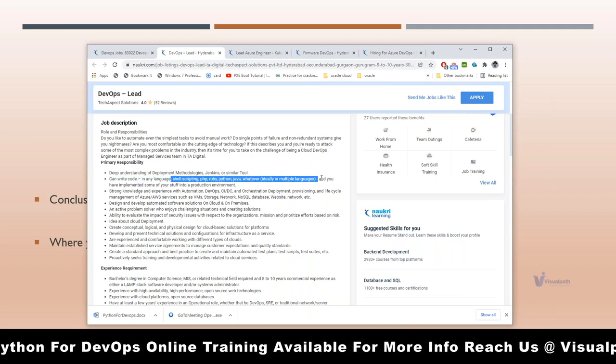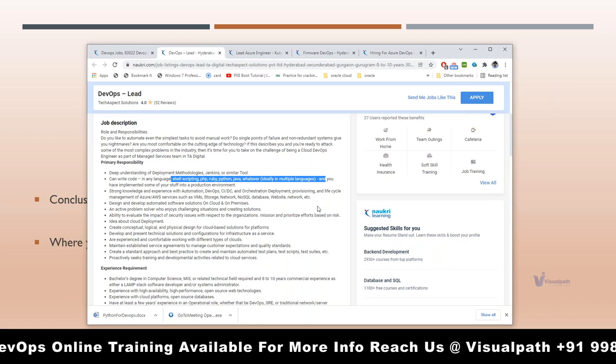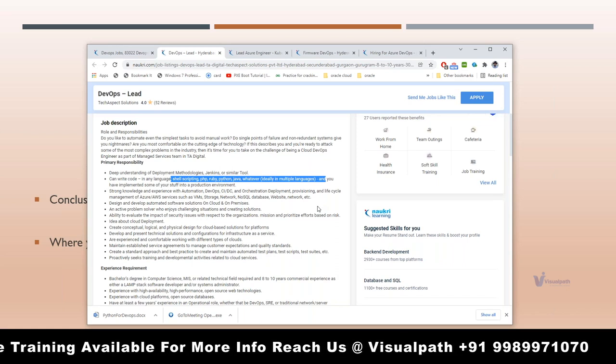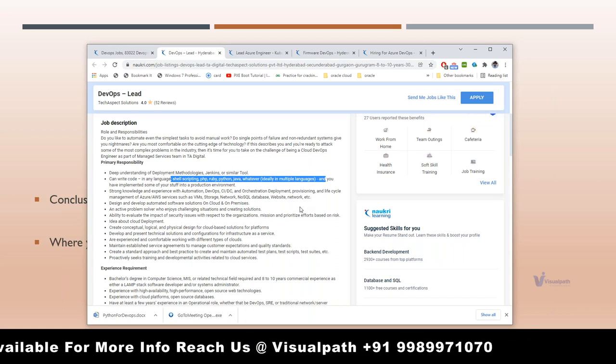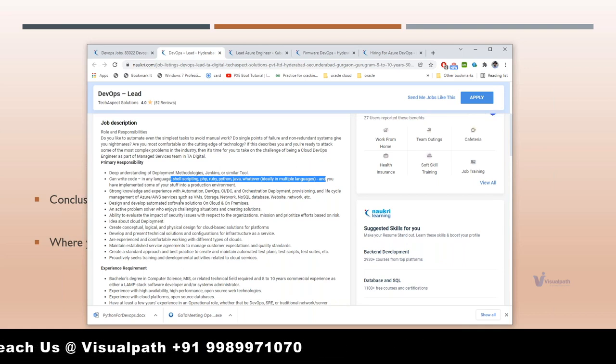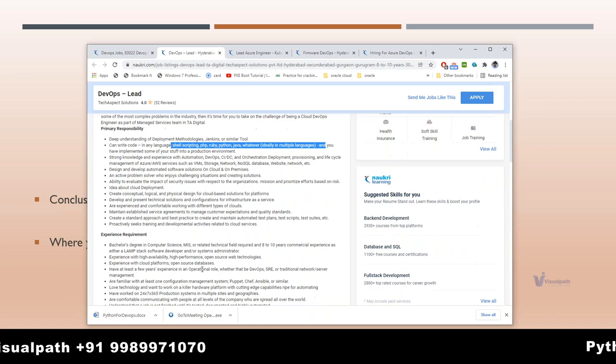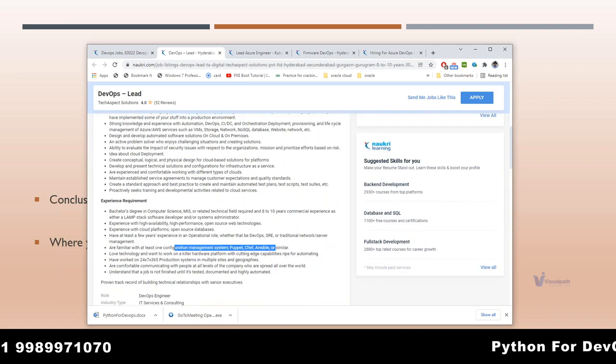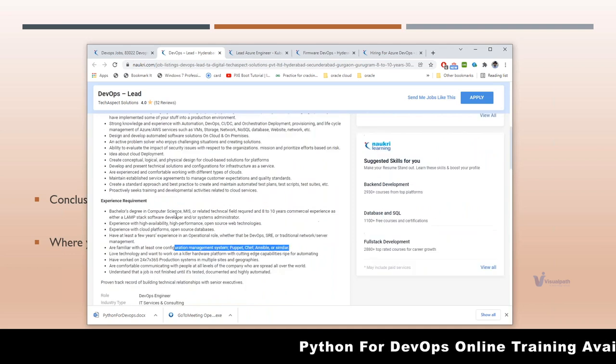You need to have any one scripting requirement along with the DevOps tools. If you see here, they have their tools, so you need to have experience on those tools.